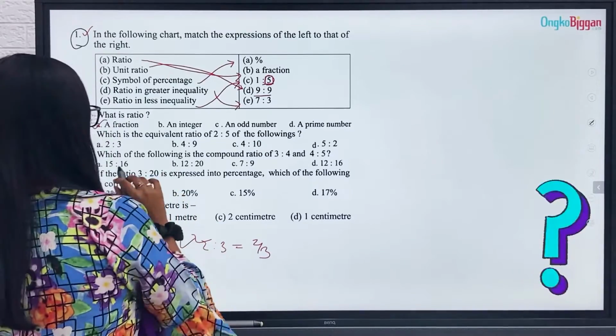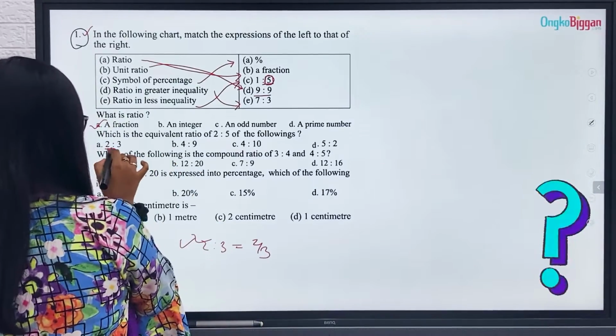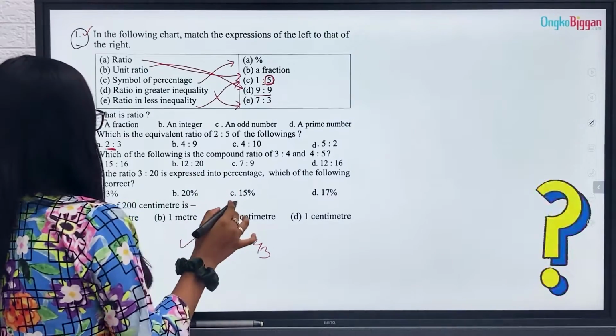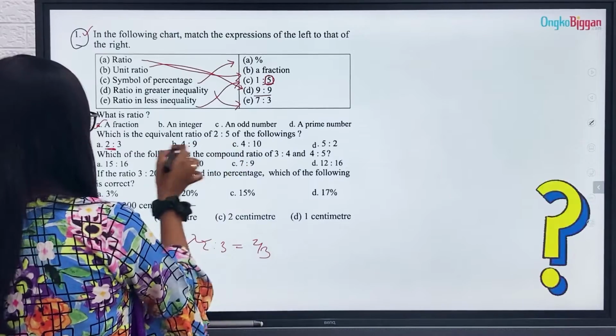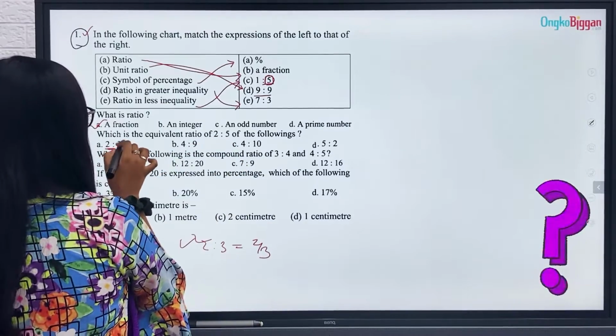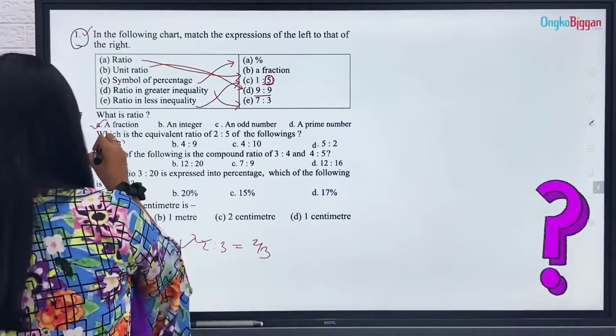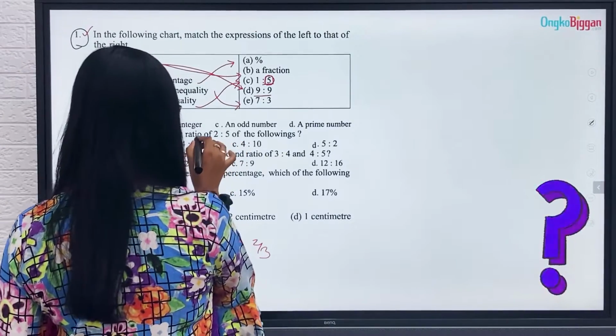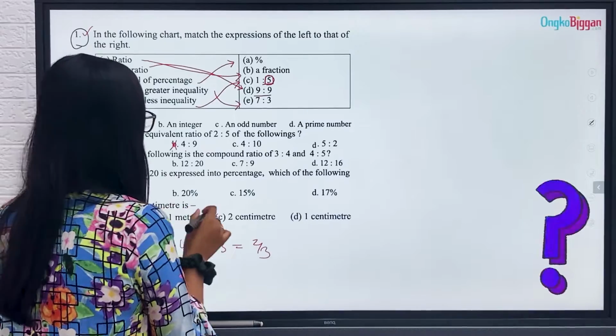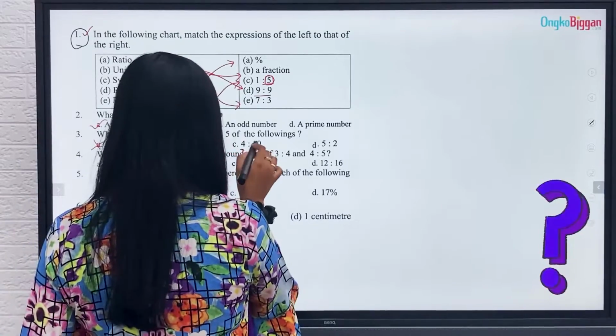So here if we see option A, 2 into 1 we get 2, but 5 into 1 is supposed to be 5 or something else, so it can't be our answer. This one 2 to 4, but 5 to 10, so it's not the answer. Then again this one 2 to 4, 5 to 10.